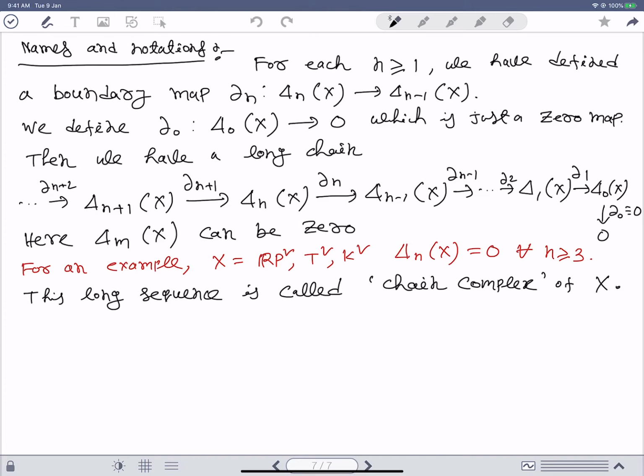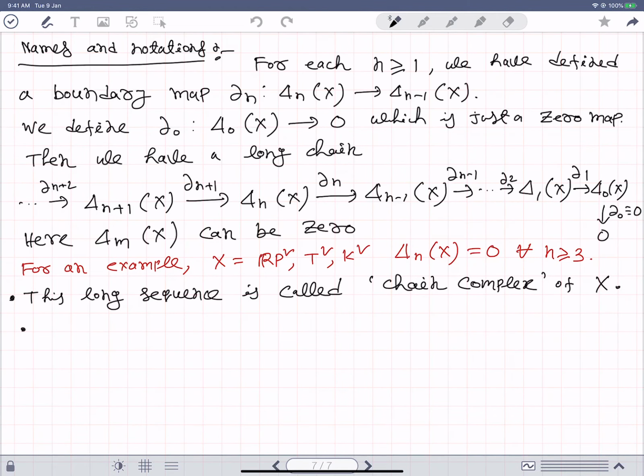So it stops at the right, it stops at 0, but it is infinite from the left side. Now this is one name, that chain complex.